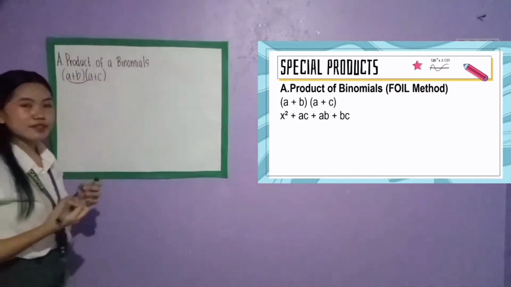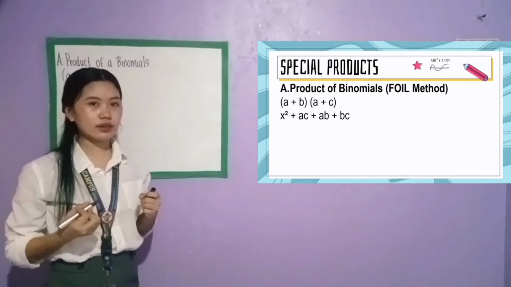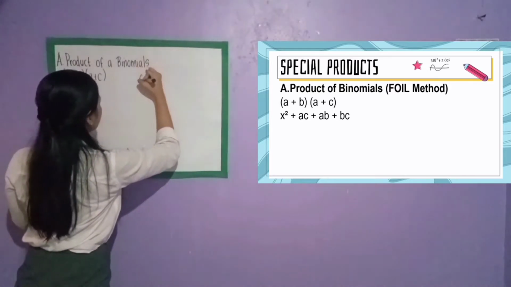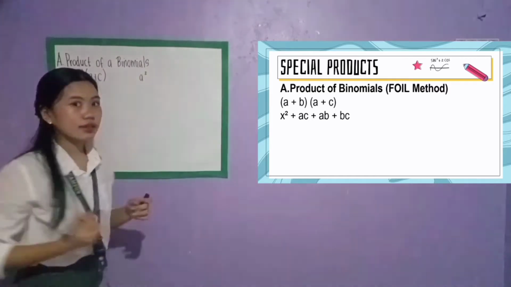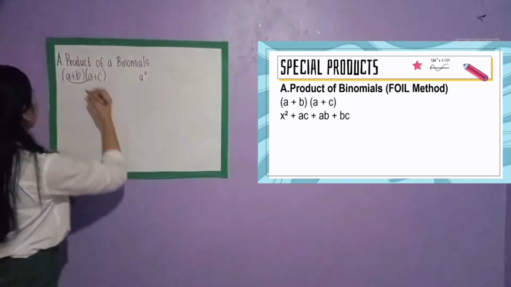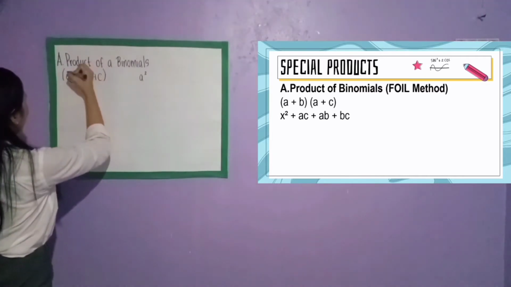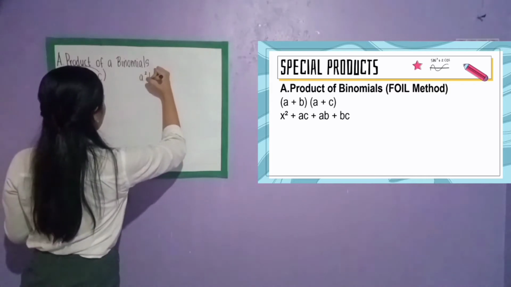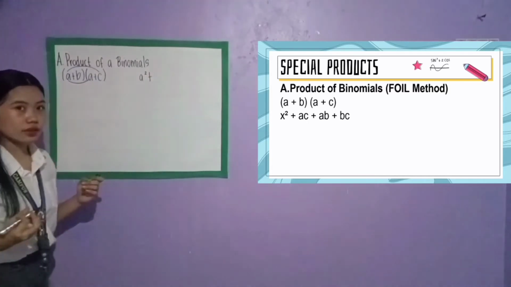So, A times A is equal to A squared. That is the first term. Following by the outer term. So, A times C is equal to AC.